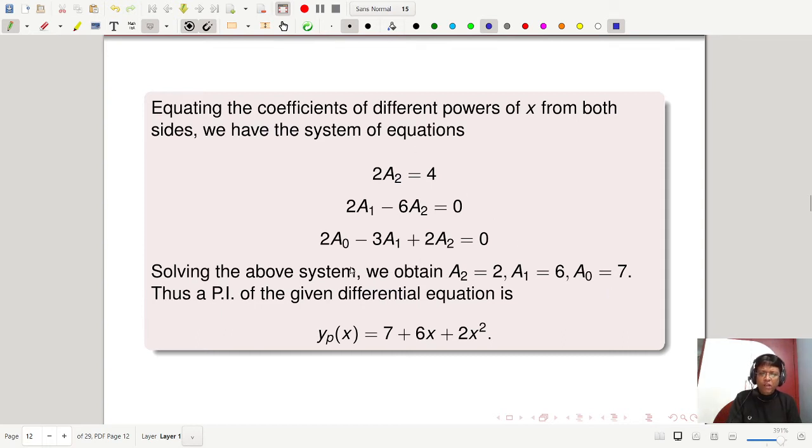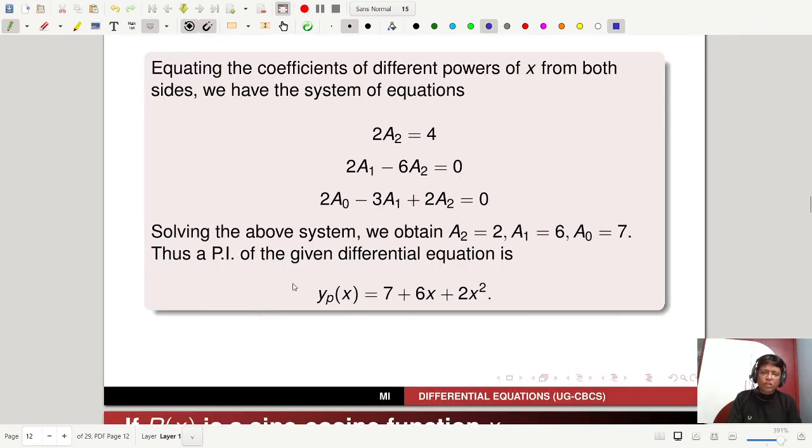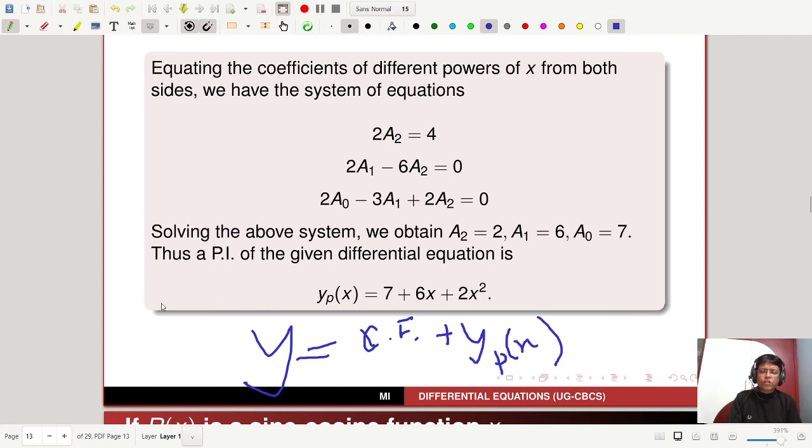So your particular integral is given by yp equals 7 plus 6x plus 2x squared. And your final solution, the complete primitive, equals CF plus yp. Okay, got it?